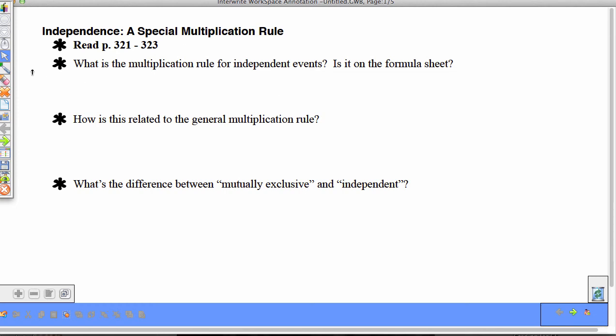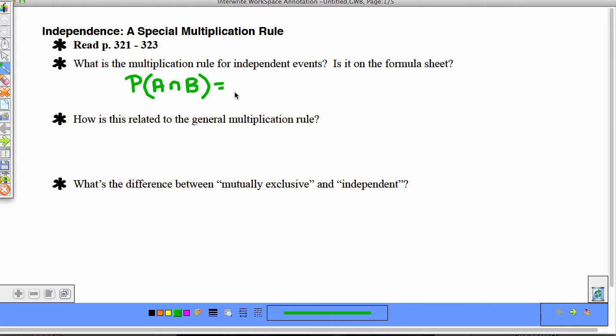Okay, I already mentioned the multiplication rule for independent events in the last video. If I want to know the probability of A and B, the probability that they both happen together, and they are independent, that's the probability of A times the probability of B. This gives us another way to check for independence, because if I know these probabilities and they are true, then I can say that it is independent.